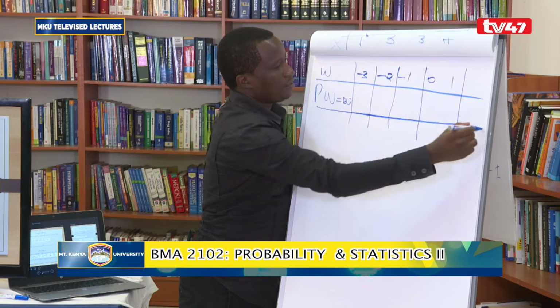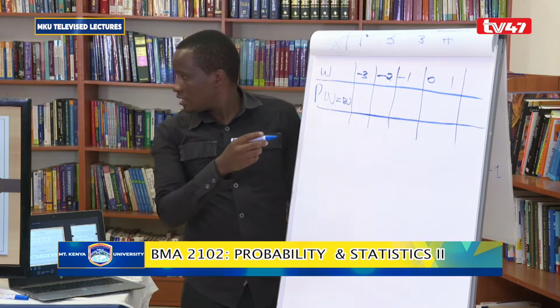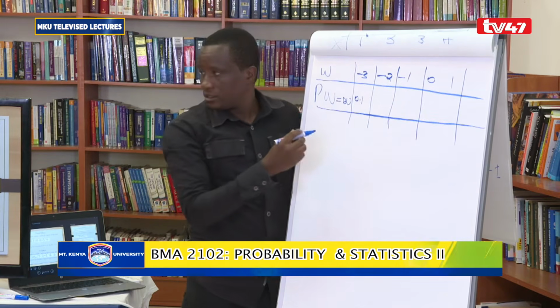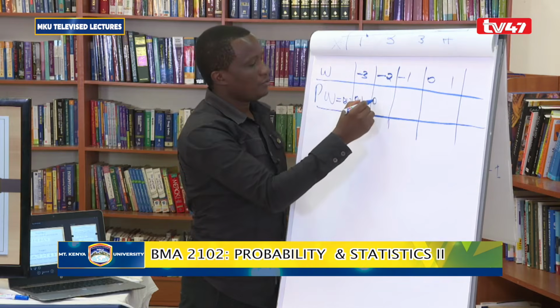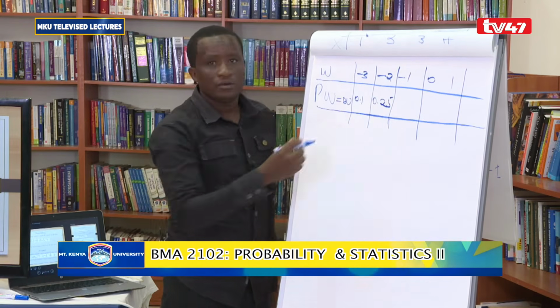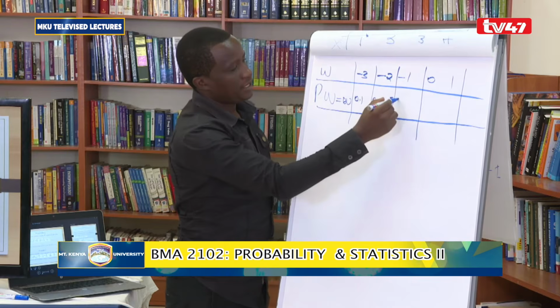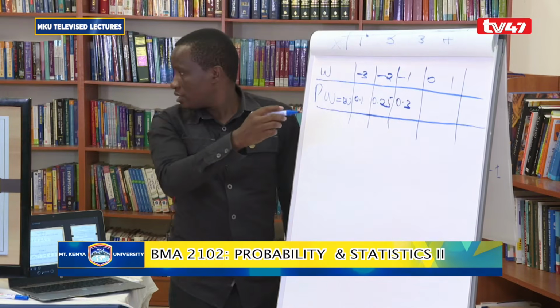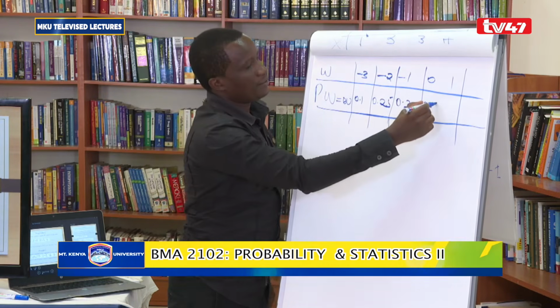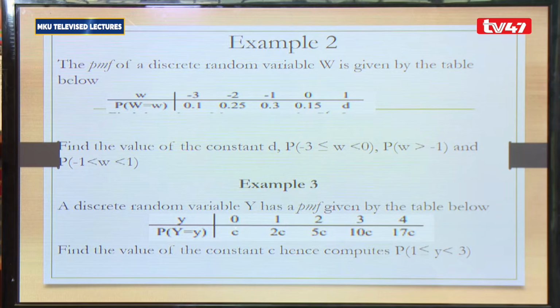And the corresponding probabilities are 0.1, 0.25, 0.3, and 0.15, and then finally we have D. So the first question is, you're told to find the value of the constant D.